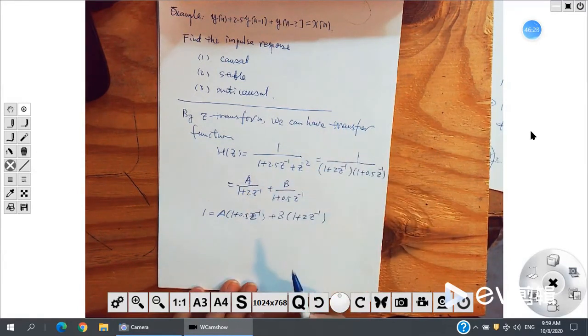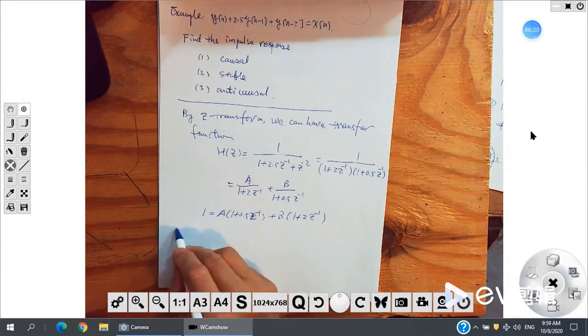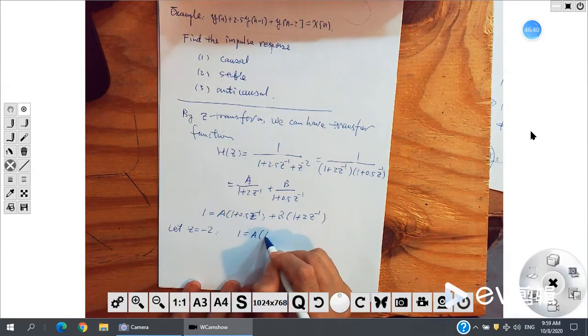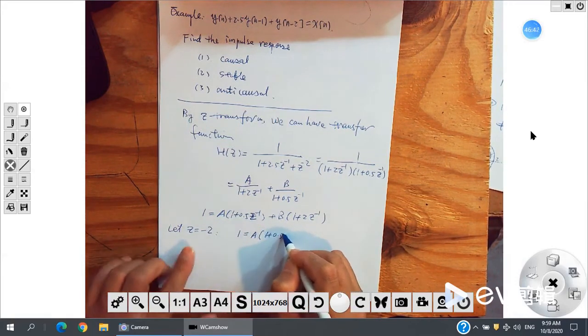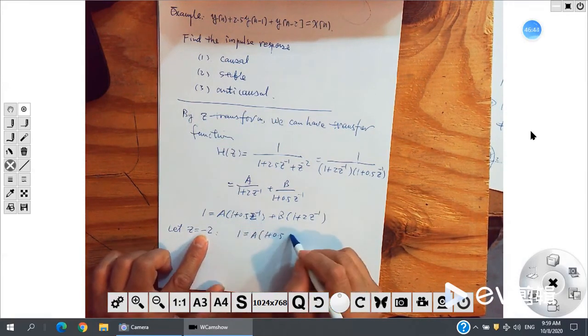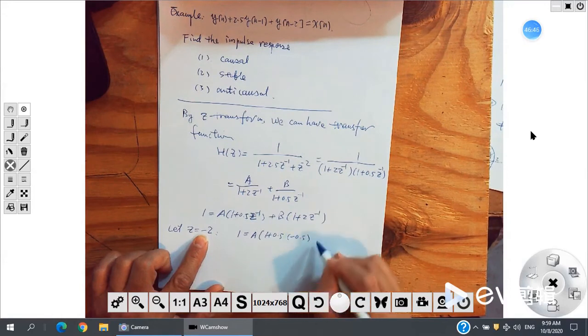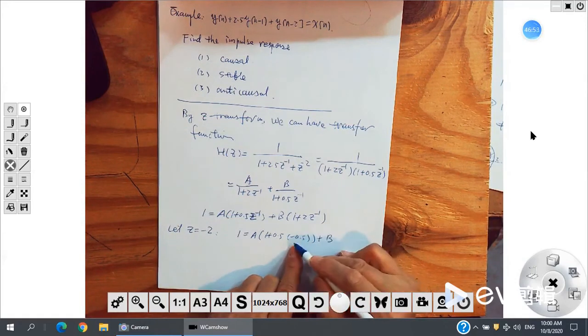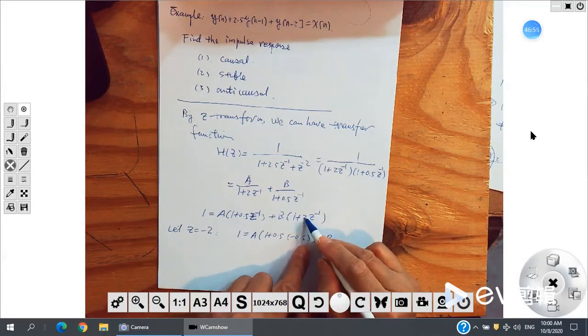Then let z equal to negative 2. I have 1 equal to A times 1 plus 0.5 z to negative 1, which now is negative 0.5, plus B times something that should be 0, because z to negative 1 is negative 0.5 times 2, you get negative 1, and 1 minus 1 is 0.